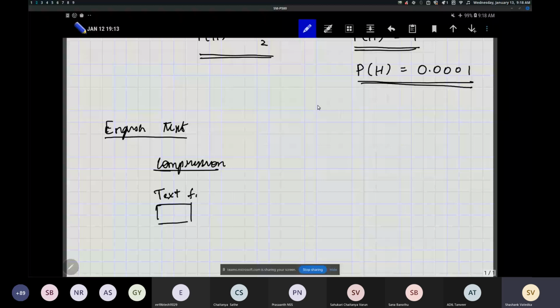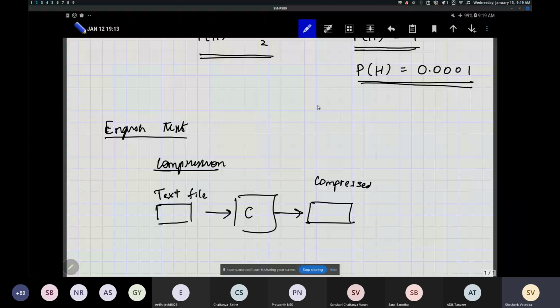Right? Now I want some kind of an algorithm which does the following. If you feed in the text file as input, then it outputs another file, which we'll call the compressed file, and hopefully the size of the compressed file is smaller than that of the original text file.